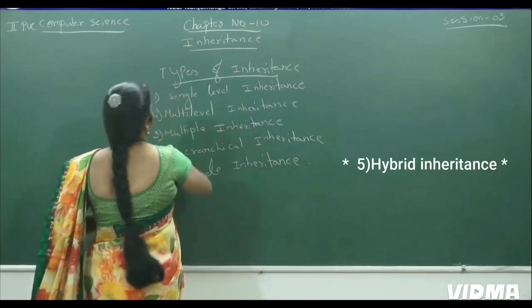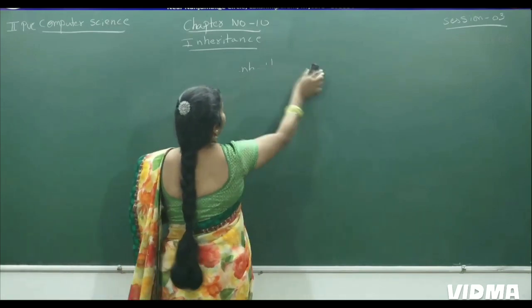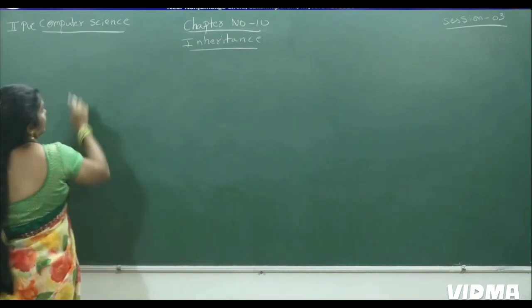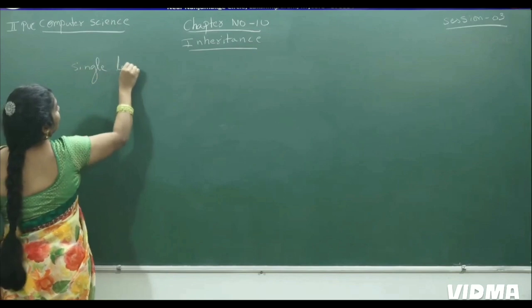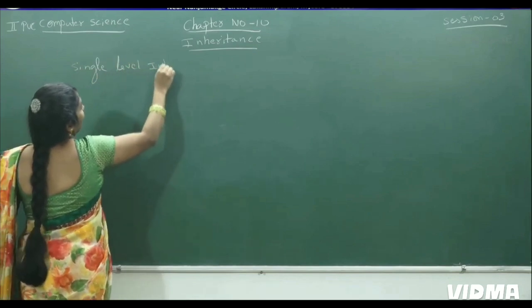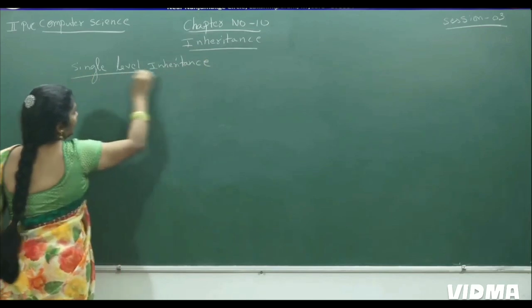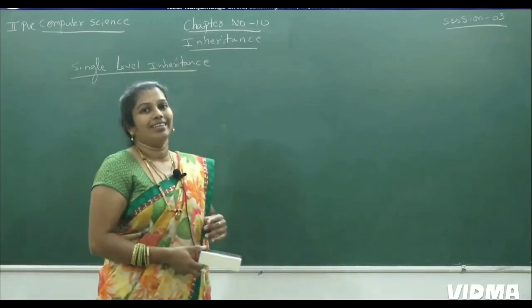One by one I am going to explain once again. The first one, single level inheritance. What do you mean by single level inheritance? The name itself suggests only one level here.